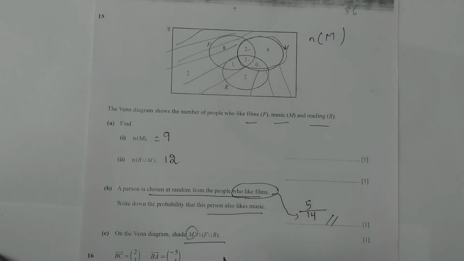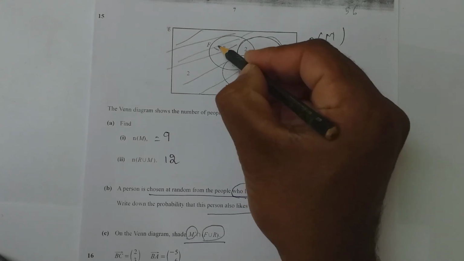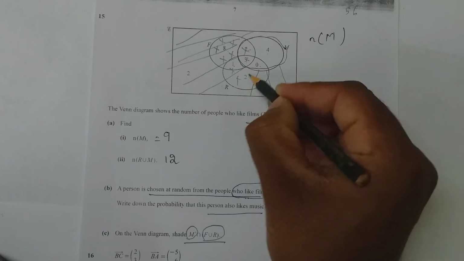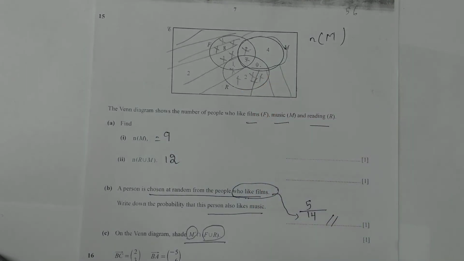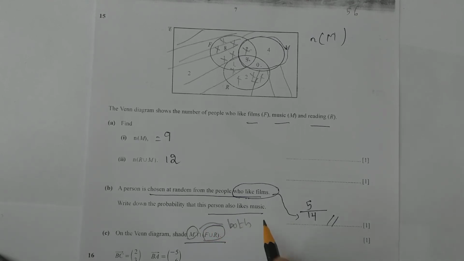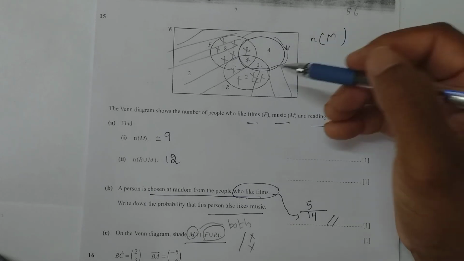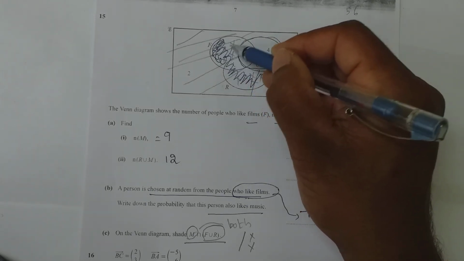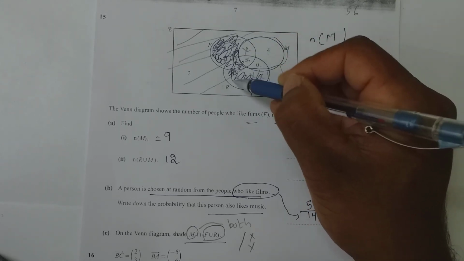Now next is F union R, means F and R. I am placing stars in F and R. In between them, what do I have? Intersection means both. So the part which has come in lines and also in stars, that is the answer. So which part is present in both this one and also this one? So this is the answer.